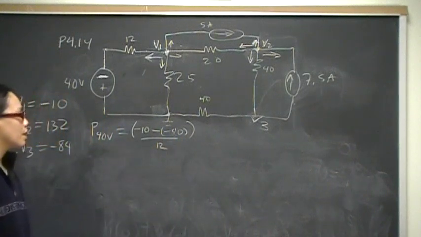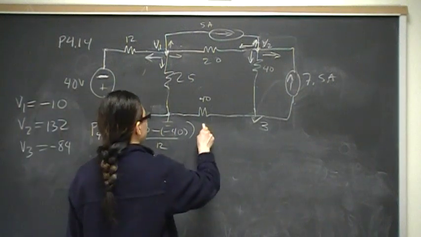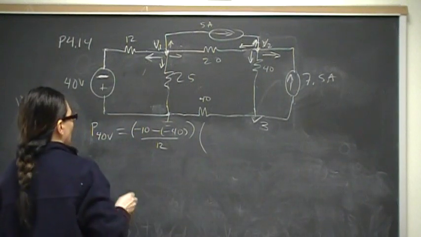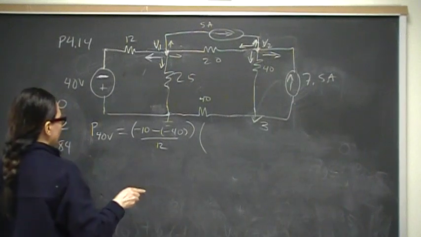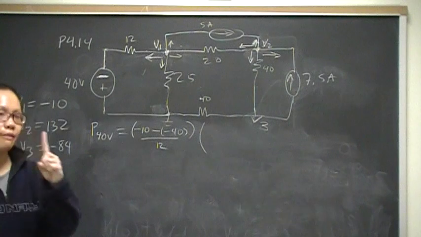That's going to be my current calculation if I just use this convention right here. Times, what is my voltage? The sign of the voltage is determined by what the nose of the current hits.